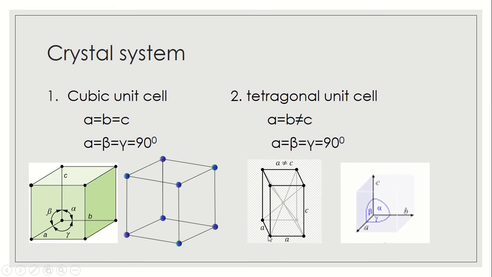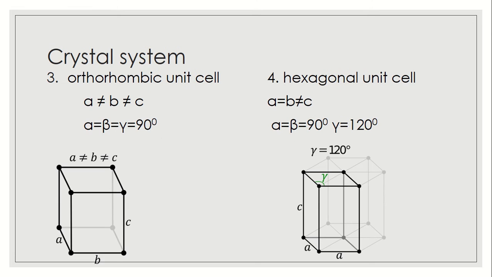Here these 2 lengths are equal to A, which means A is equal to B, but C is different. Here alpha is equal to beta is equal to gamma is equal to 90 degrees, so all the angles are mutually perpendicular to each other.